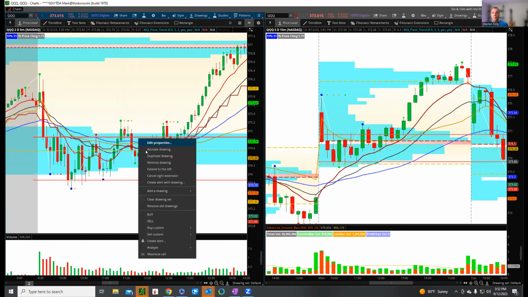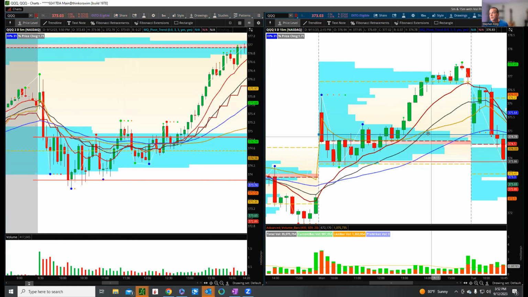Now, my actual entry I used on the 15-minute. What ended up being the point of control in the day was where I put my entry that I eventually got into the trade with.